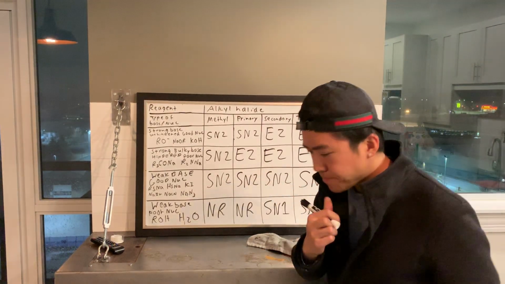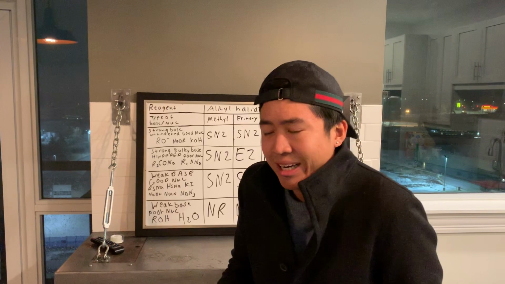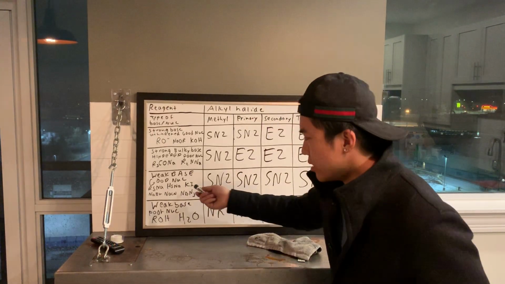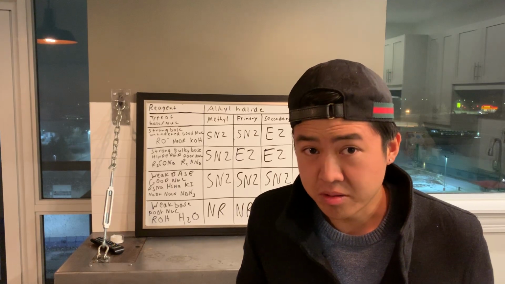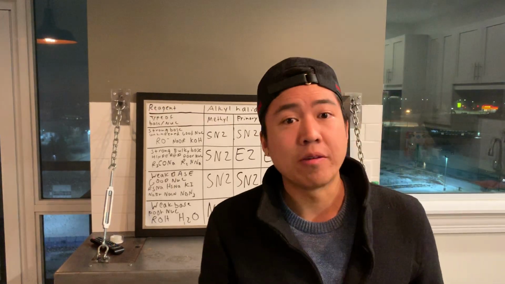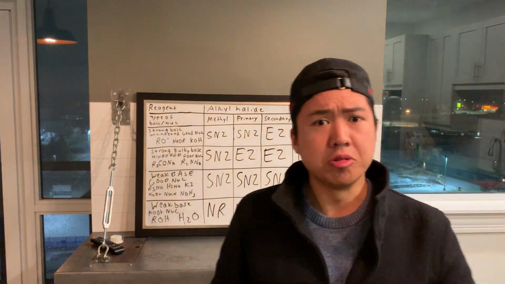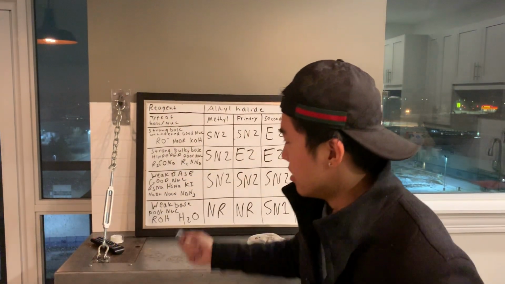Now over here, we have weak base poor nucleophile. These really can't do anything. They don't have a negative charge. These have negative charges, that's why I can put an Na beside it. Okay, that's an ionic bond. It's kind of like when you're in grade 5, NaCl, you know, it's really Na plus and Cl minus when it hits solution.